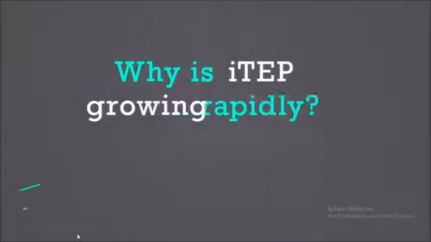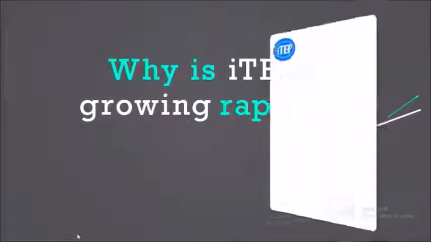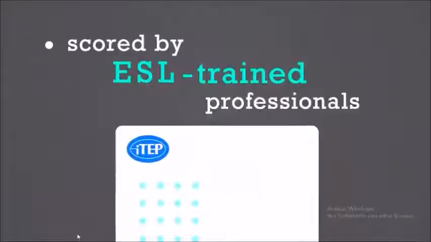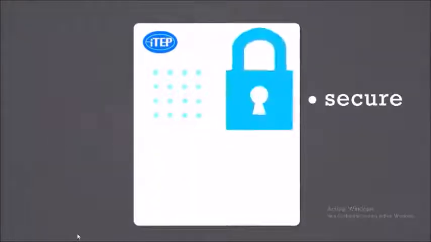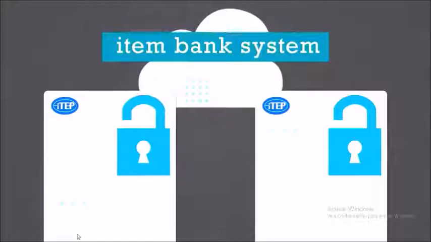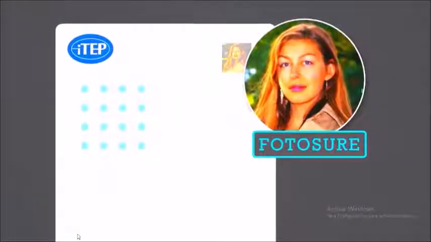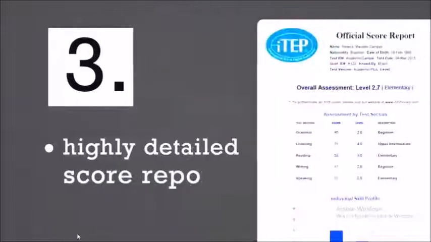So why is iTEP growing so rapidly in both academic and corporate markets? iTEP's speaking and writing sections are scored by native English-speaking ESL-trained professionals. iTEP is extremely secure. Our item bank system ensures no two tests are the same, and our proprietary PhotoSure technology makes cheating by impersonation impossible. iTEP score reports are very detailed.